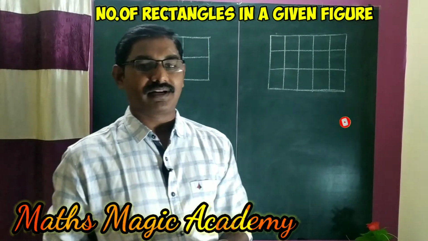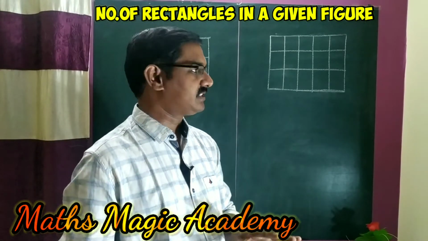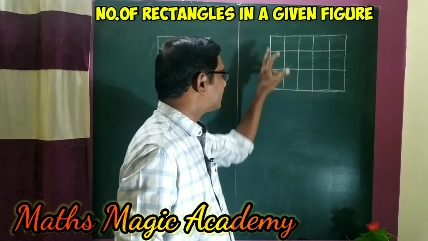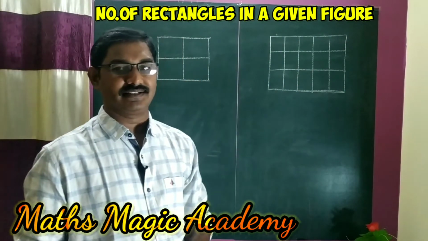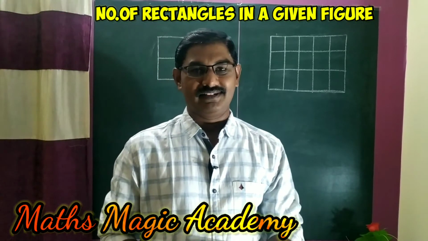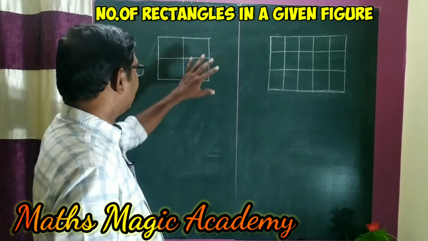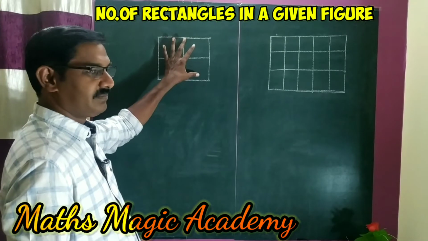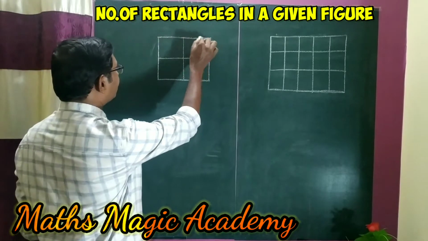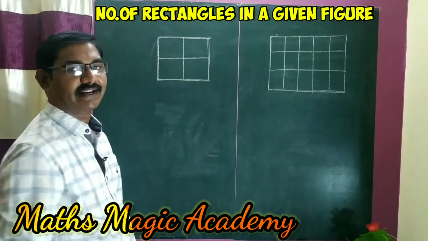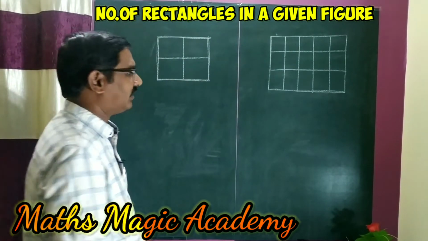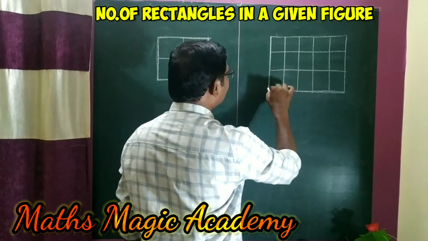A rectangle is nothing but a parallelogram in which opposite sides are equal and one of the angles is 90 degrees. Then that is a rectangle. Now observe the whole figure here.